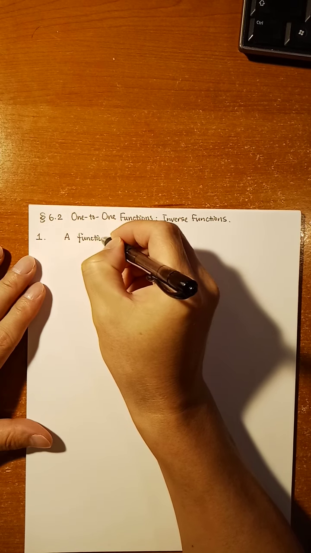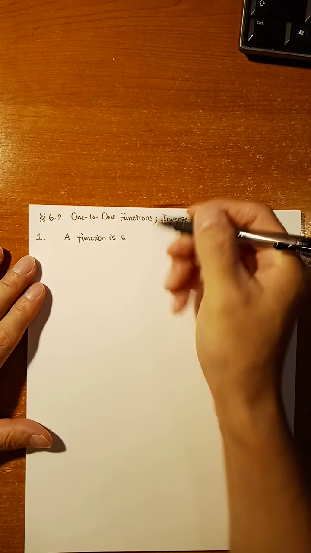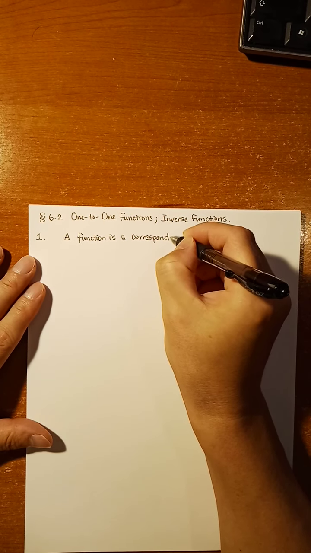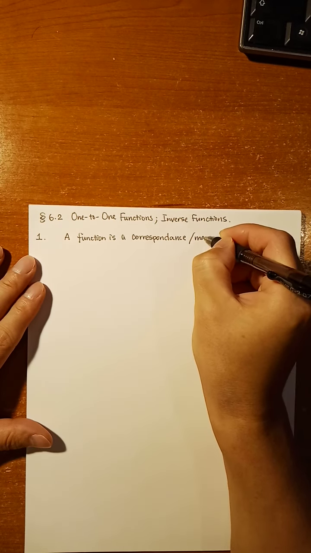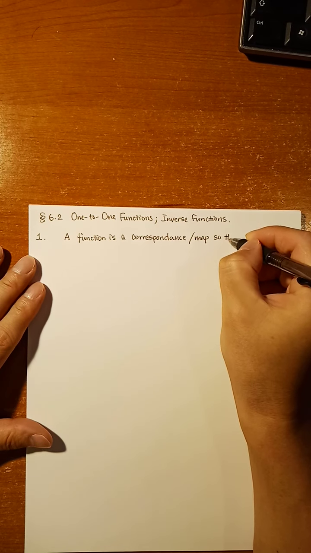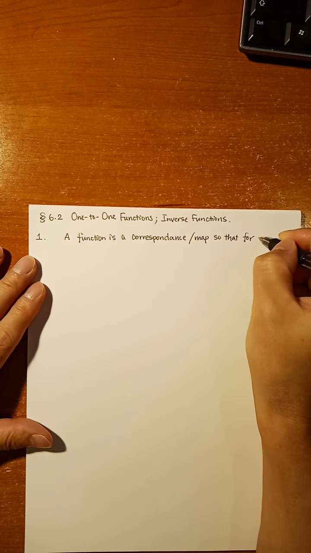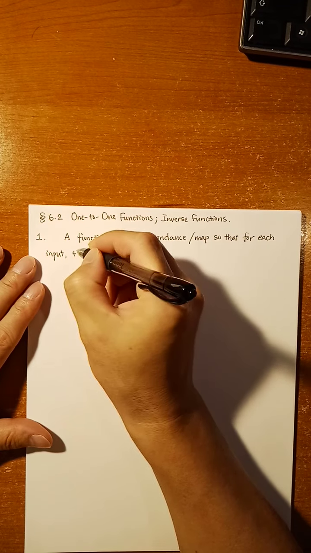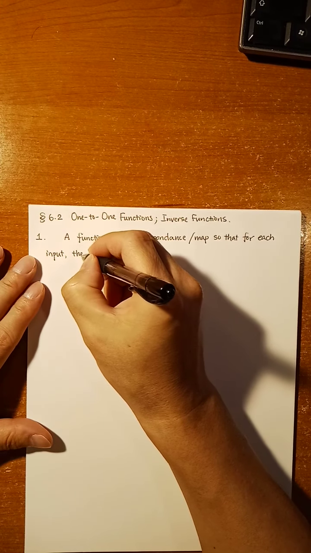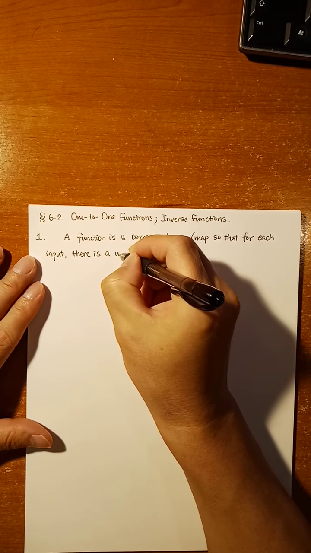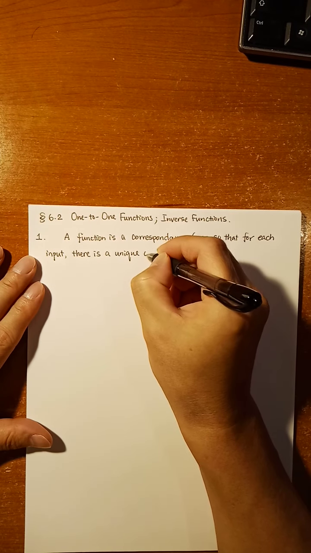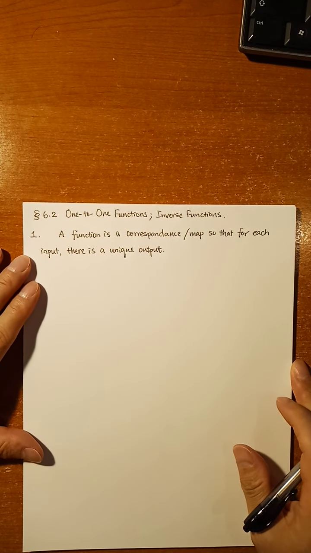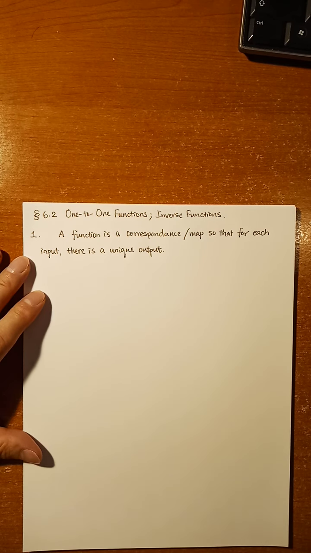A function is a correspondence or a map so that for each input there is a unique output. So for one input there is a unique output. That is a function.